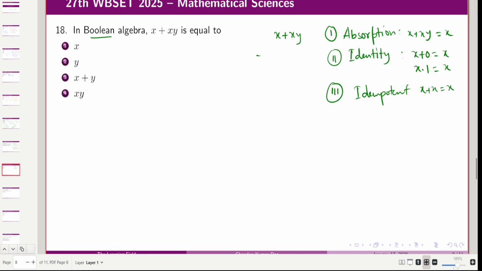So here our given question is x plus xy. This is the absorption law, so x is the answer. This is a very basic question based on these three laws of Boolean algebra. These are very common laws, or axioms you can say.